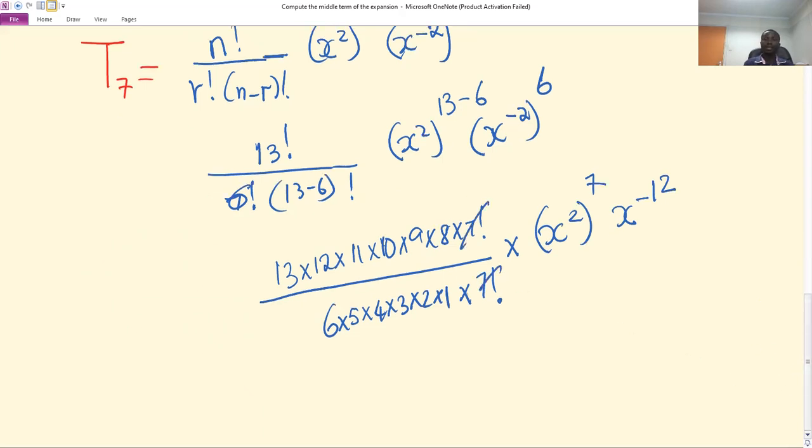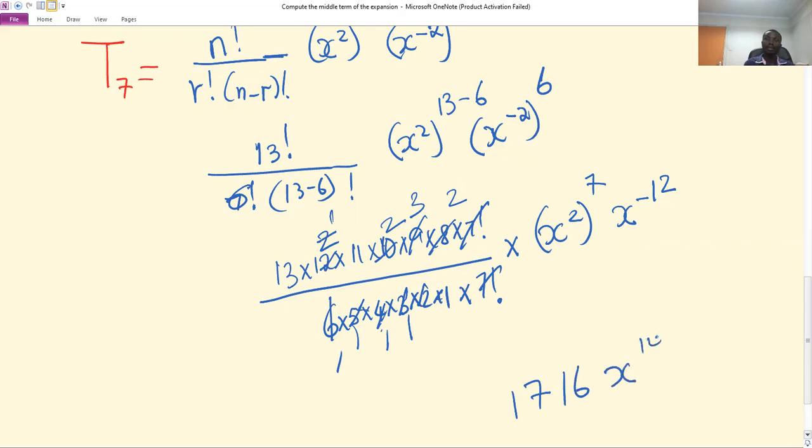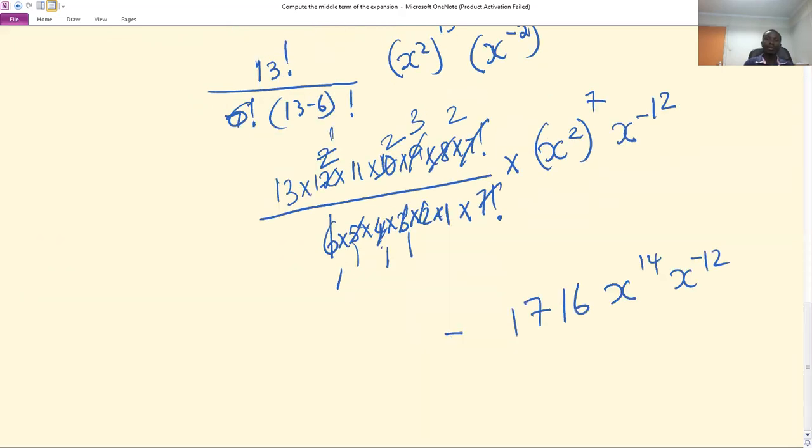So this and this cancel out, and simplifying, I'll have 13 by 11 by 2 by 3 by 2, which is 1716, x raised to power 14, x raised to power minus 12. By the law of indices, we add the powers.